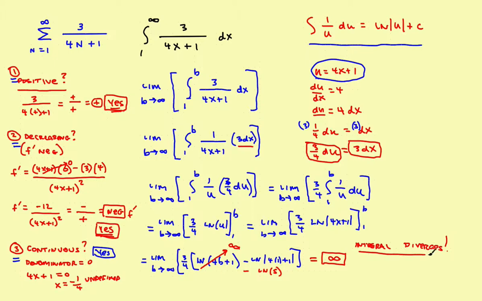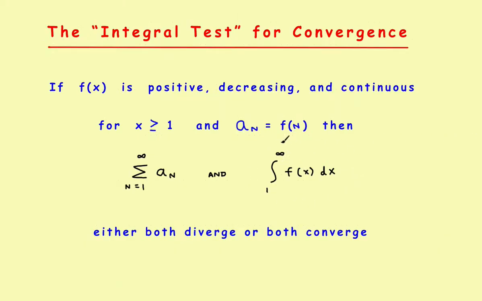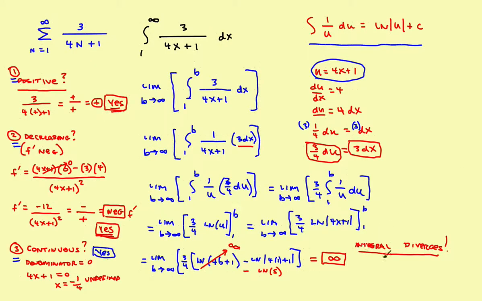You showed that the integral diverges, but the point of the whole problem was to see what happens to the series. Well, what the rule says is if the integral converges, then the series converges. But in this case, the integral diverges, therefore the series diverges. So the last step in the problem would be, since the integral diverges, this tells you that this series also diverges.